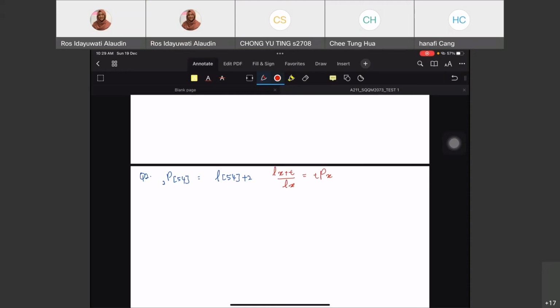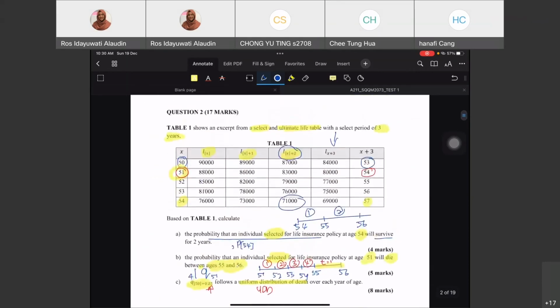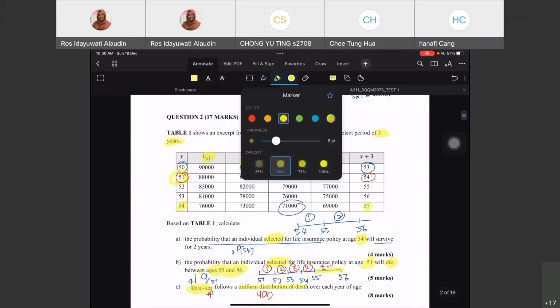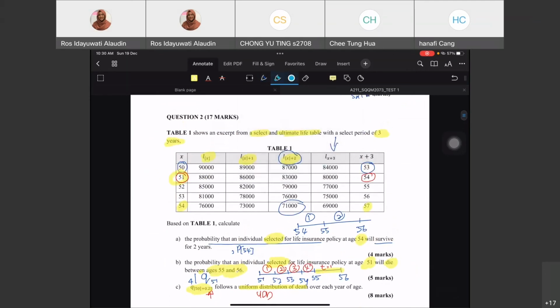So 54 must be in the bracket, over l[54]. Okay, l[54]. So l[54]+2, when we refer to the table, l[54]+2.